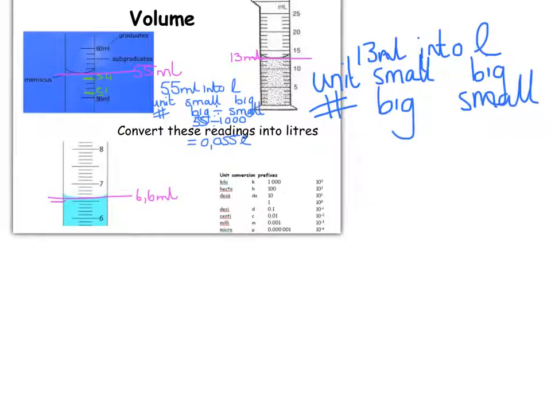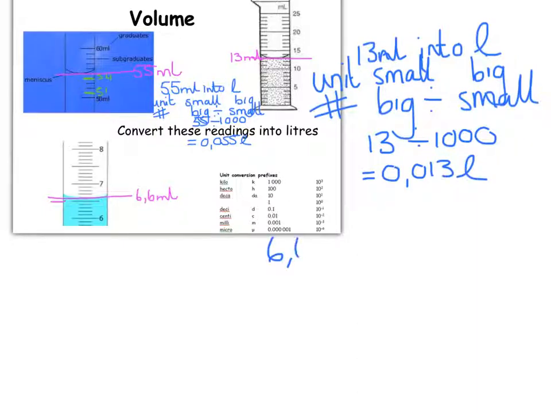Again, as I take a look over here, milli is 1,000th, which means I need to convert by a factor of 1,000, and if I'm going from big to small, I will divide. So it's 13 divided by 1,000, and I land up with 0,013 liters.